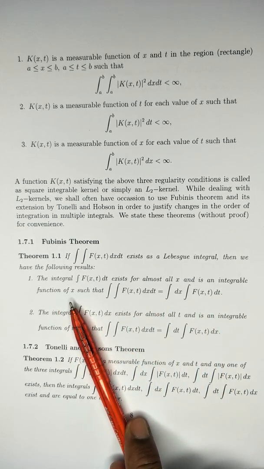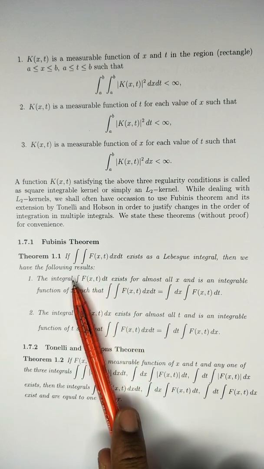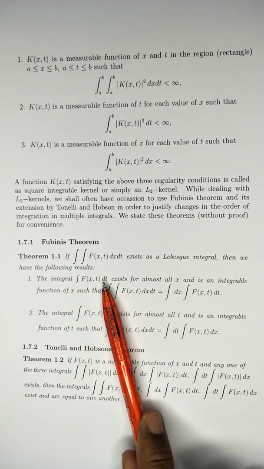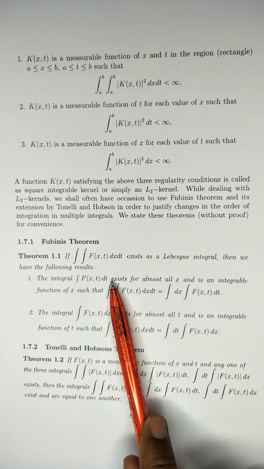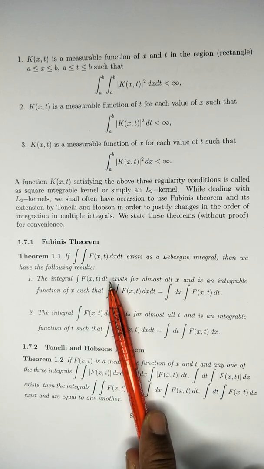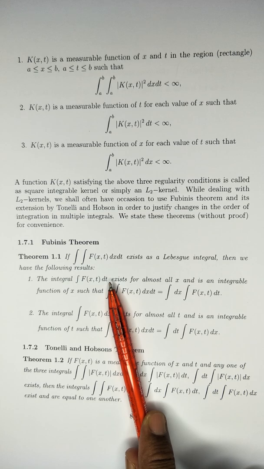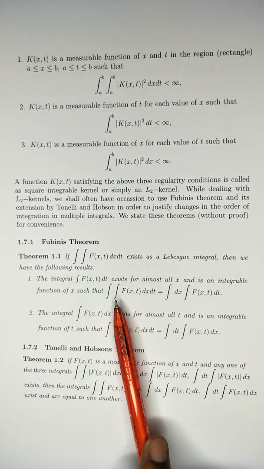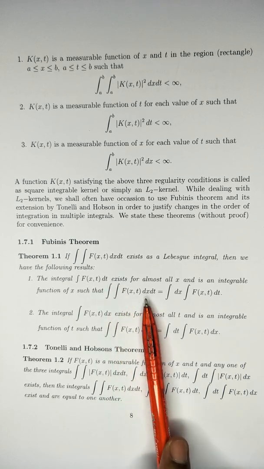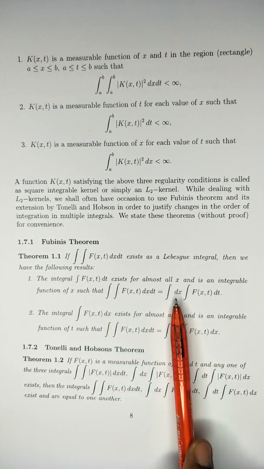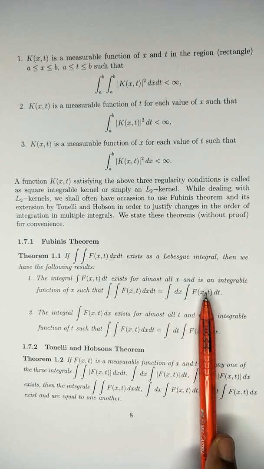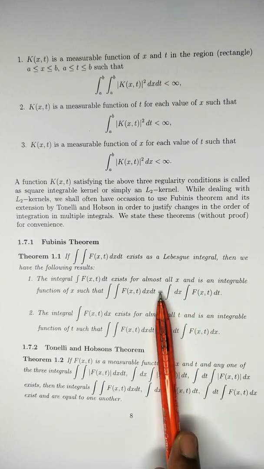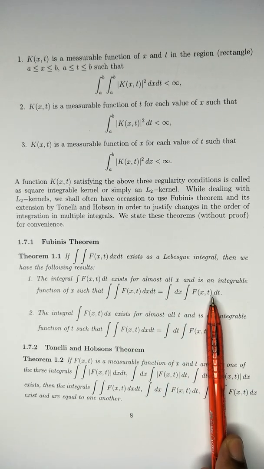Which means if we integrate this, we end up with a function of x, and that function of x is integrable, so such that the double integral of f dx dt, we can integrate with respect to t first, then integrate with respect to x separately.